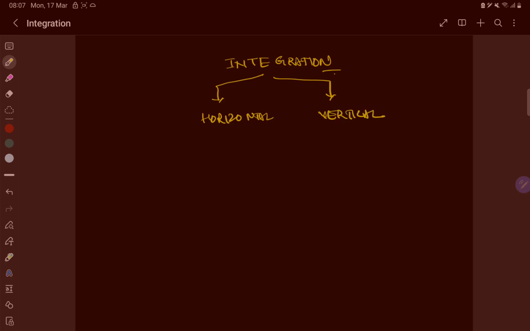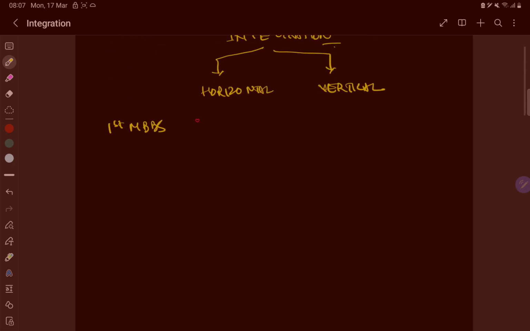In horizontal integration, like in the first MBBS, there are three subjects: physiology, anatomy, and biochemistry.